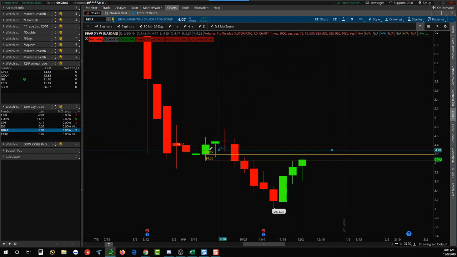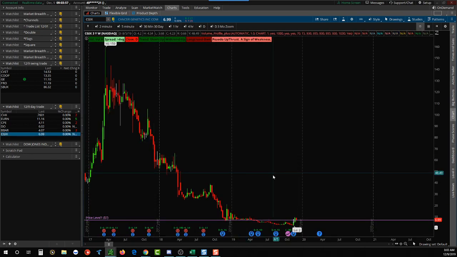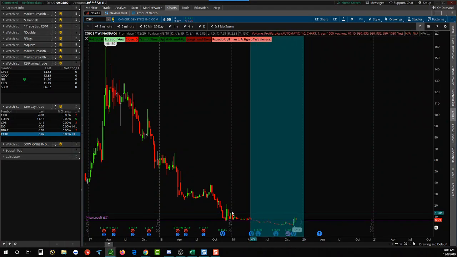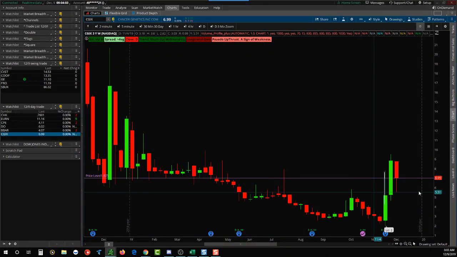Well, if you can identify that there was some overhead resistance from the weekly time frame that it hit, you're now not so inclined to bail out of a trade just because it's pulling back. Instead you have that understanding of, oh, I hit this major level here. Maybe I'll watch it and perhaps not bail out of a winning trade.